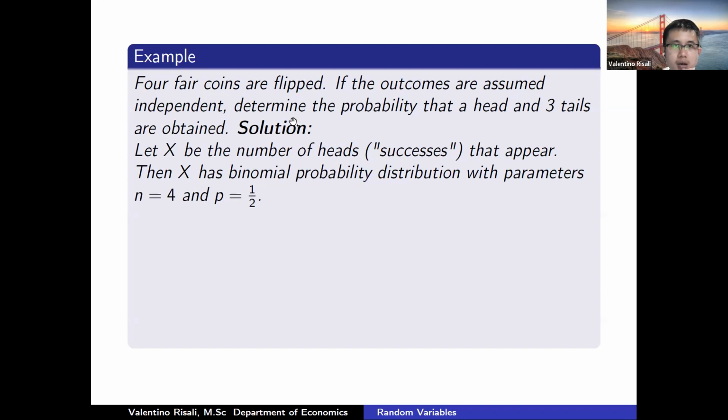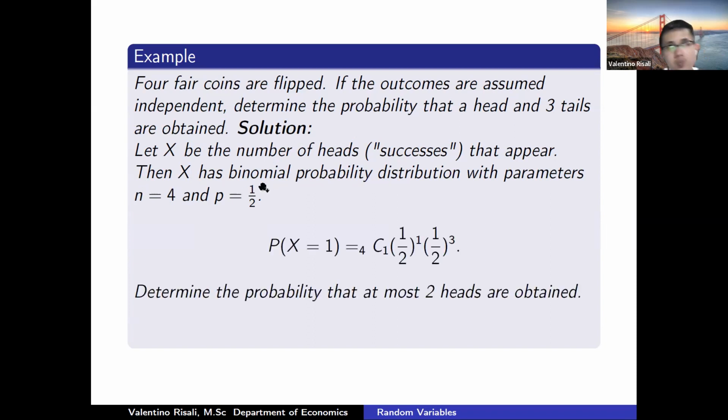Because the coins are fair, the probability of getting head is equal to a half, and 1 minus p is also a half. There are 4 trials, so n is equal to 4, and the random variable has parameters 4, comma, a half.